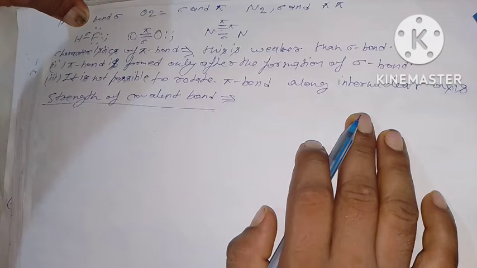The relative strength is SS 1, SP 1.732 and PP coaxial 3.